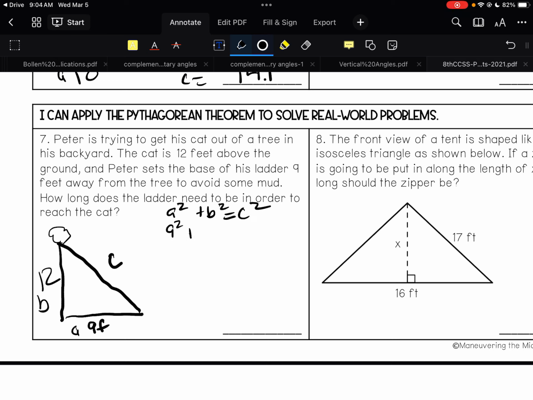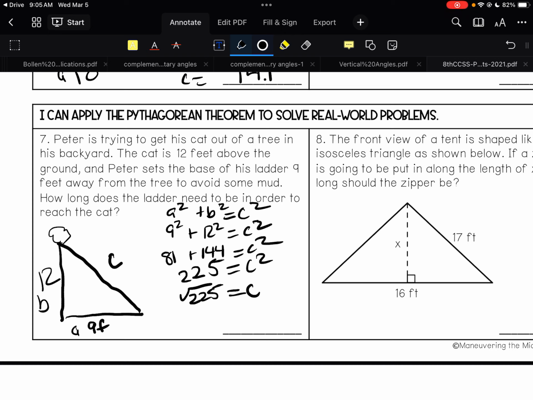I get 9 squared plus 12 squared is equal to C squared. 81 plus 144 is equal to 225, equal to C squared. The square root of 225 is equal to C, which is 15.